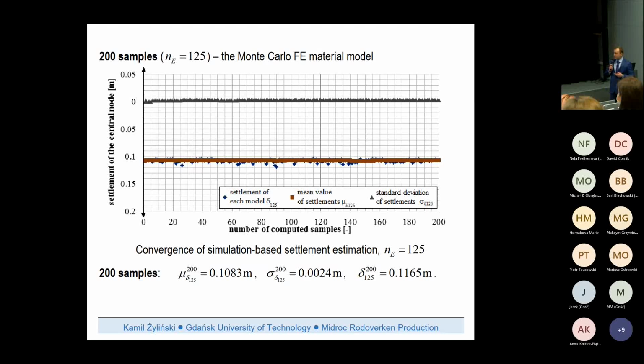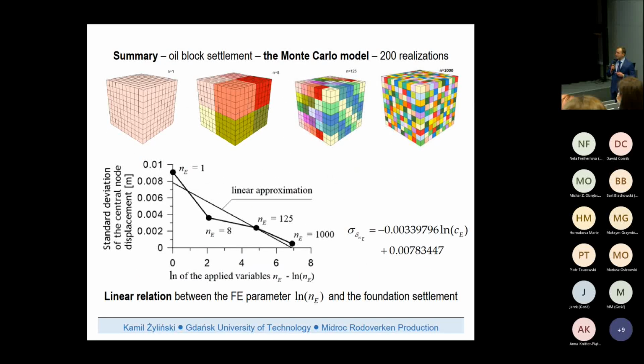But to see if the discretization was done correctly, a different number of divisions of this subregion was introduced. And if we consider non-correlated or highly correlated division, we can see that in this case the approximation of the results can be done by a linear function.